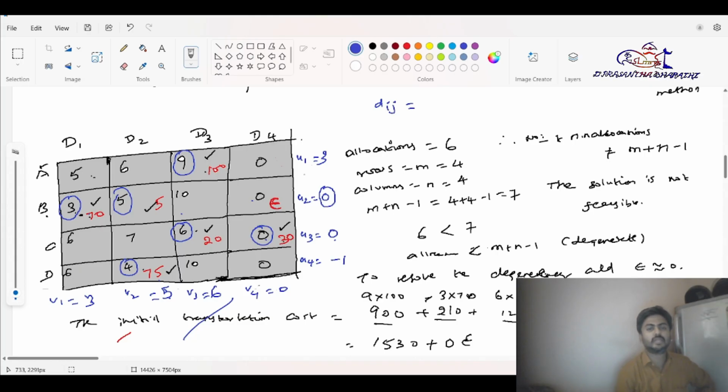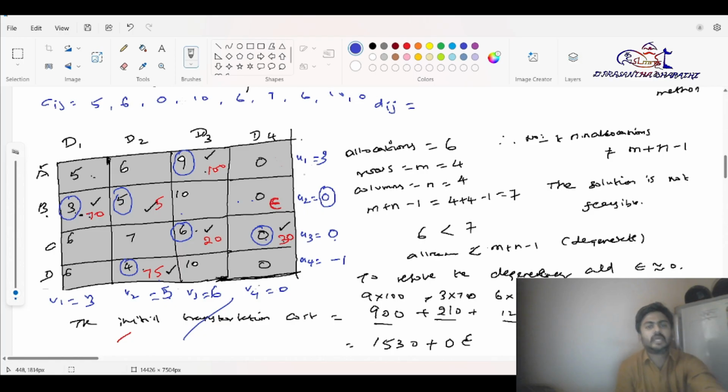These values are called Cij values. You have to write them here: Cij values are 5, then the unallocated cells 6, then 0, then 10, then 6, 7, 6, 10 and 0.